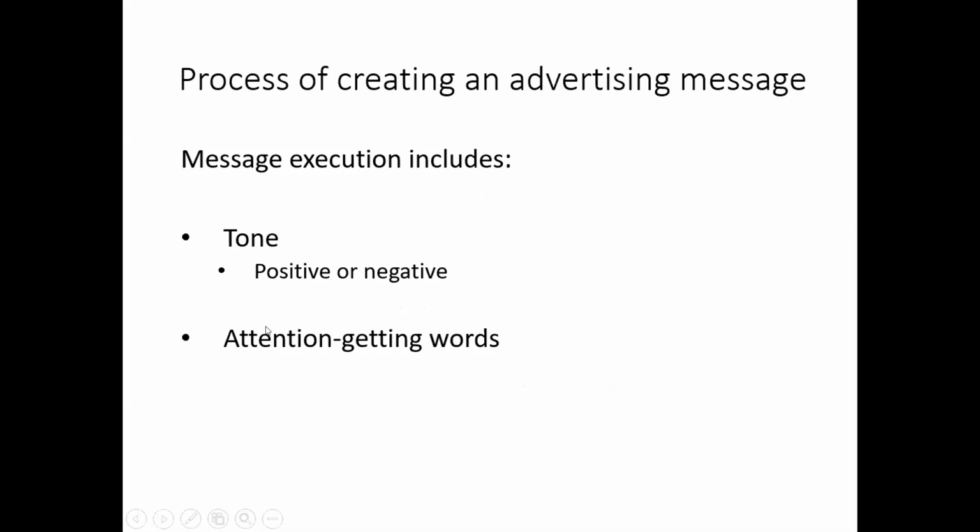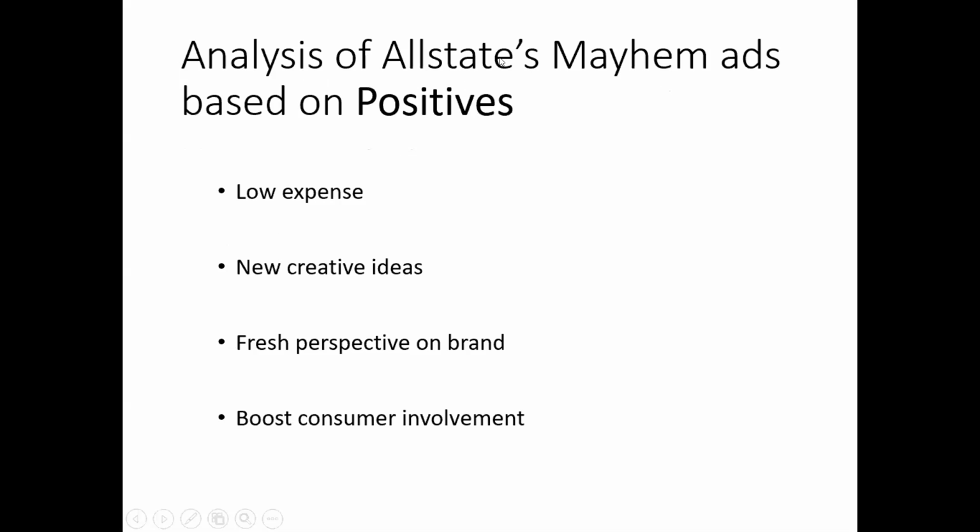This is important. The analysis of Allstate's Mayhem advertisements is based on positives: low expense, new creative ideas, fresh perspective on the brand, and boosting consumer involvement. By seeing these, we can say Allstate's Mayhem advertisements are based on positive tone.